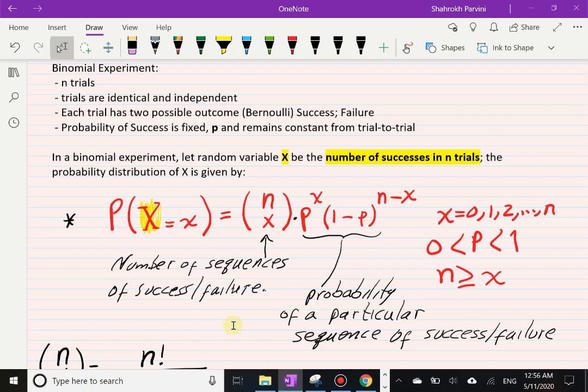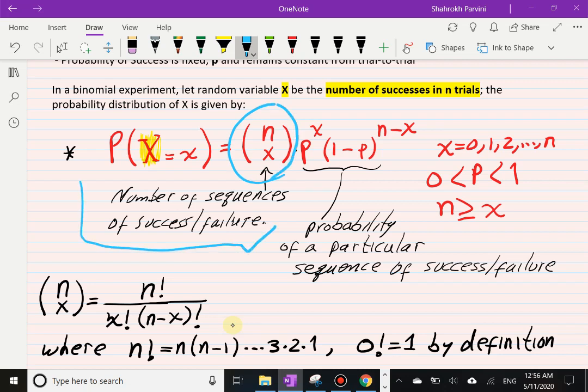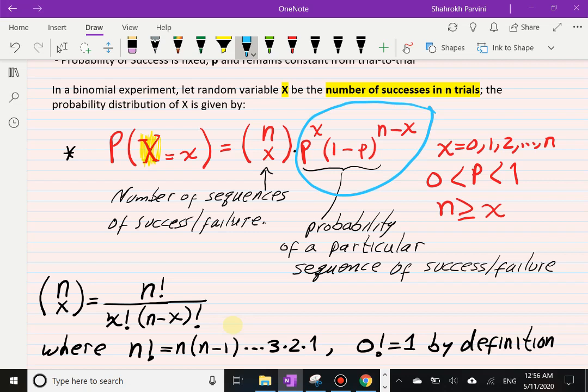But just to give you the components of this binomial distribution, this part, as I have it, looks at how many ways you can have a sequence of successes and failures. And this other part of that expression actually takes a look at the probability of a particular sequence of successes and failures.